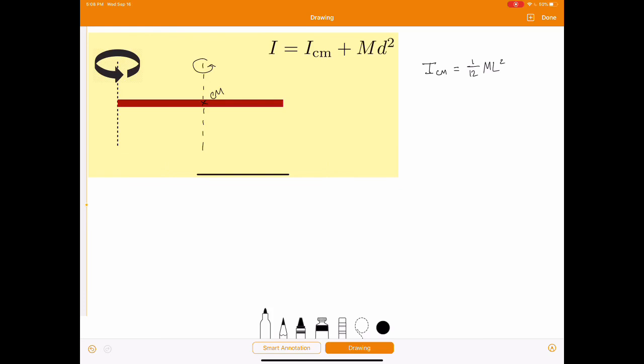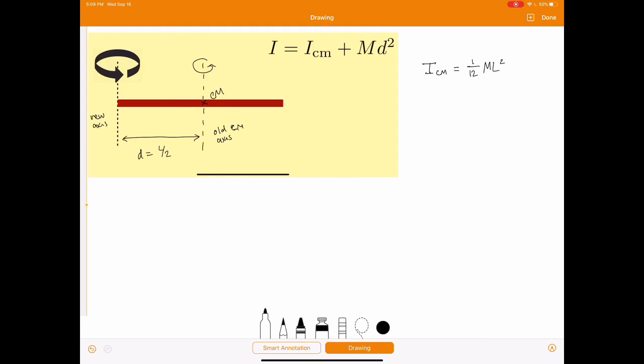The new axis is now at the end of the rod. This is the old CM axis, and this is the new axis at the end of the rod. The distance between those two is half the length of the rod, L over 2.